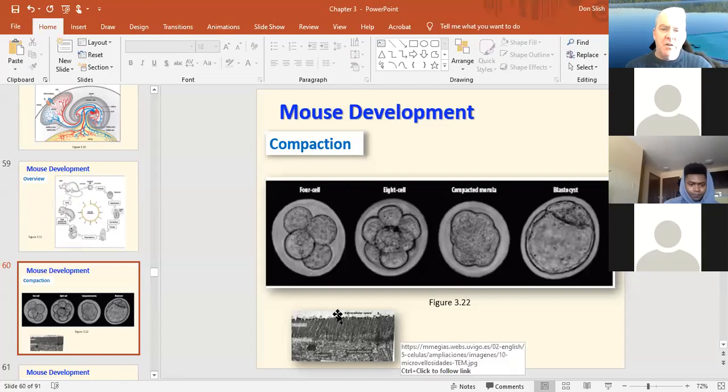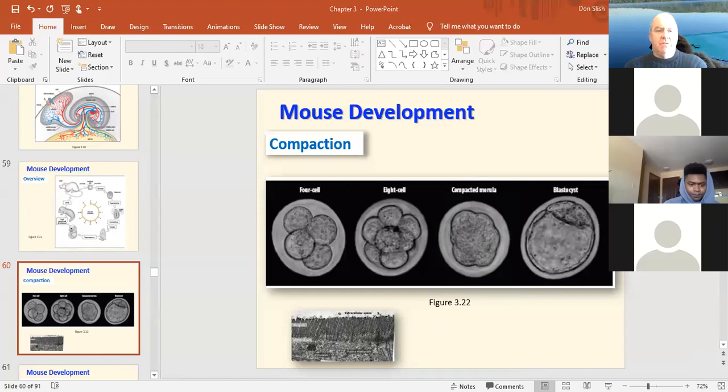Your microvilli are little extensions of the plasma membrane with arrays of microfilaments bound together inside of them to give them a little stiffness. So these microvilli then provide a lot more surface area for absorption of nutrients. So that's what they're doing. These outside cells then have microvilli on them. And then these cells will continue to divide until you get to this blastocyst stage.